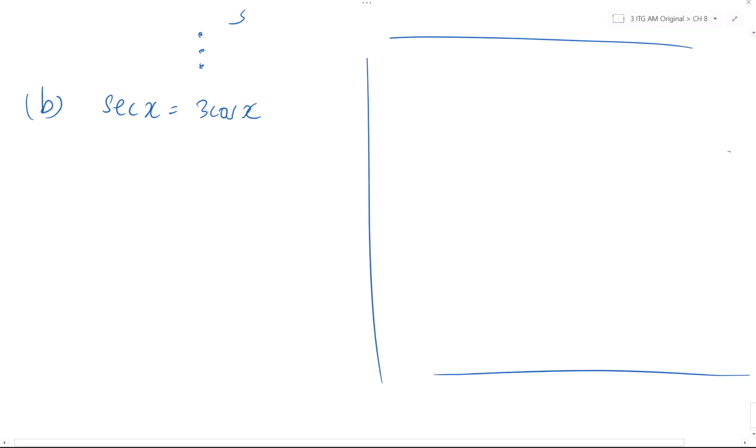Wait, what's the difference between reciprocal and inverse? Okay, look. Reciprocal of sine x is 1 over sine x. Inverse of sine is sine inverse.